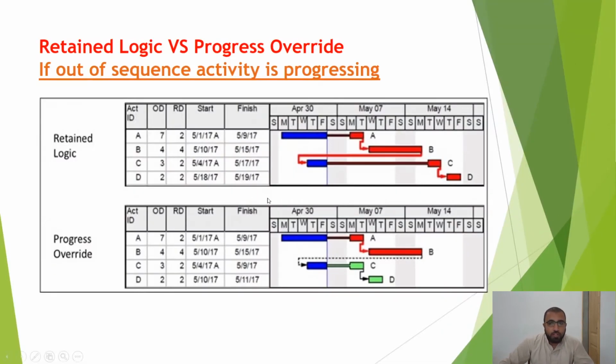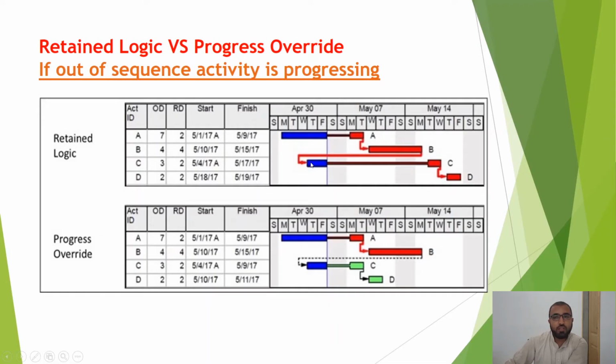So consider that your out of sequence activity is still progressing. We have a simple four activities here, A, B, C, D. Activity C was connected with activity B with the FS relationship. But once we have updated the schedule, we saw that activity C has been started much earlier than activity B. So activity B has still not started and activity C is progressing.